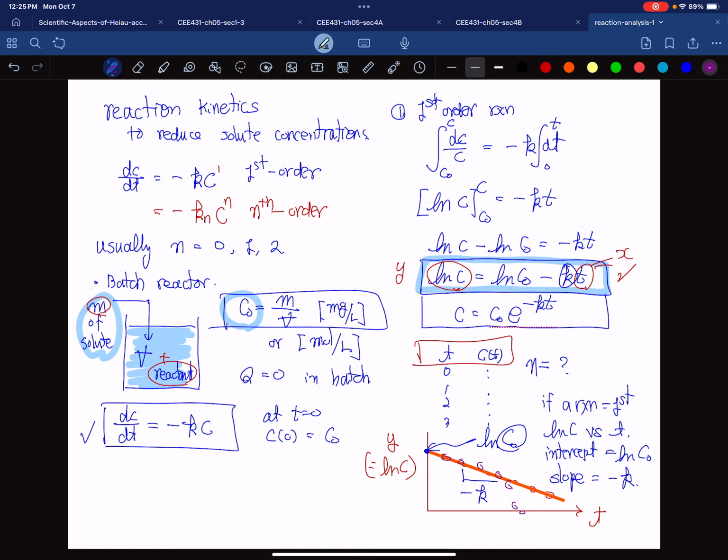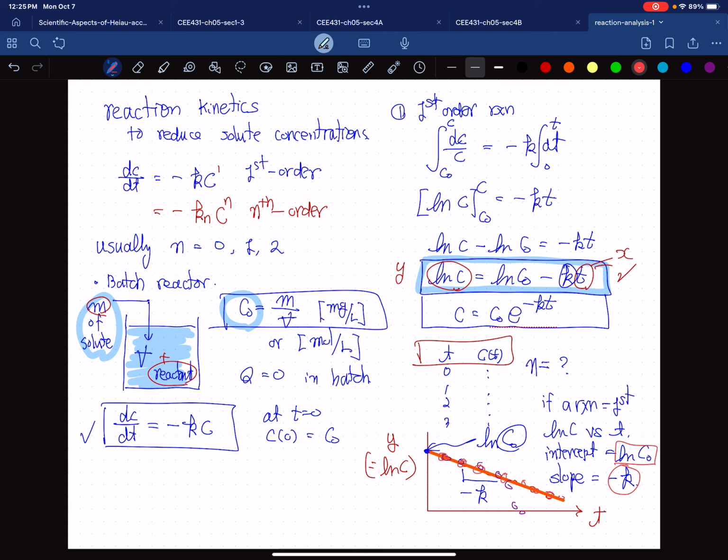But if you have this clear indication that all the data are near the straight line, which is the fitted line, your intercept is the natural log of the initial concentration, and your slope is the reaction constant.